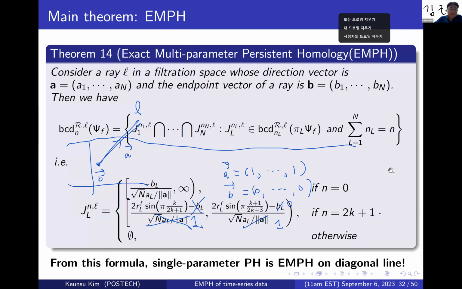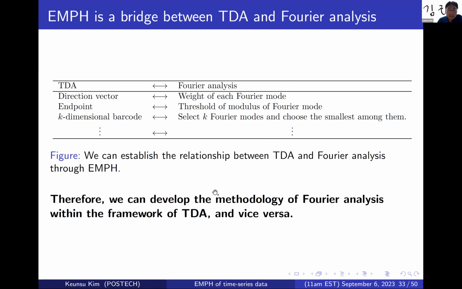From our fundamental theorem, we can establish the relationship between TDA and Fourier analysis through the EMPH theorem. For example, selecting the direction vector corresponds to the weight of each Fourier mode. And selecting the endpoint corresponds to the threshold of the modulus of the Fourier mode.